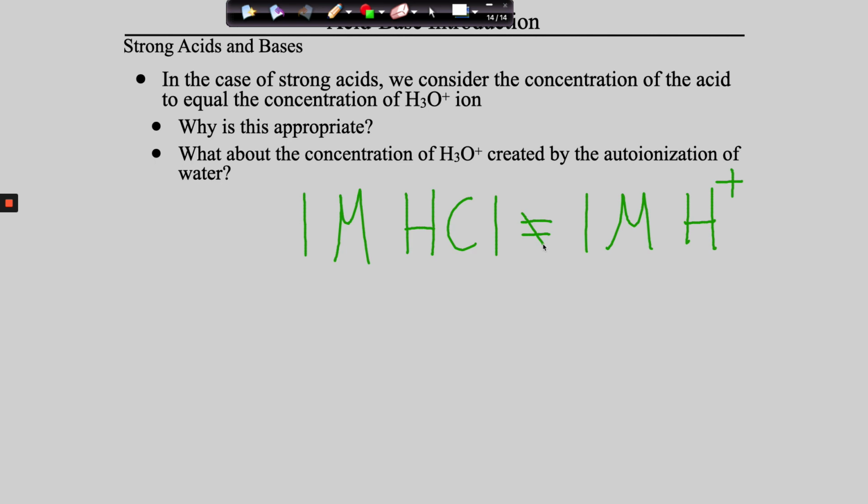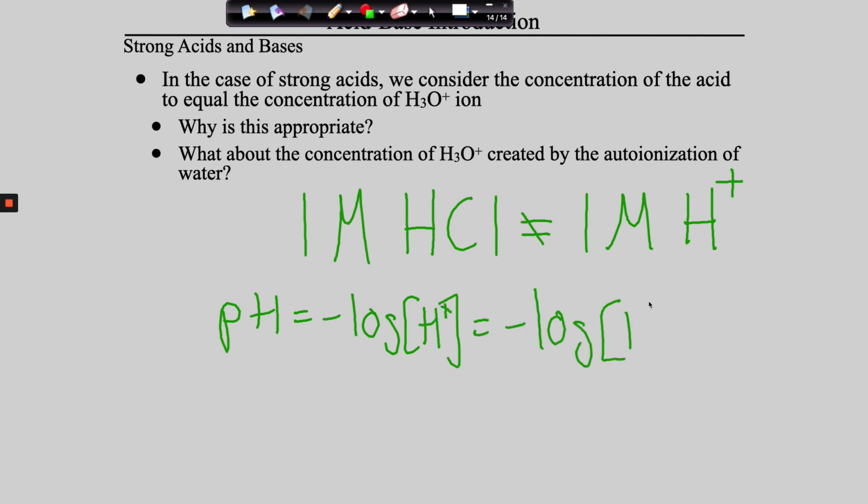Technically, it's not, because we've got a little bit of hydrogen ion from the water breaking itself apart. We call it 1. So then pH is equal to the negative log of hydrogen ion, which is equal to the negative log of 1, which is equal to 0. Good? Is that okay?